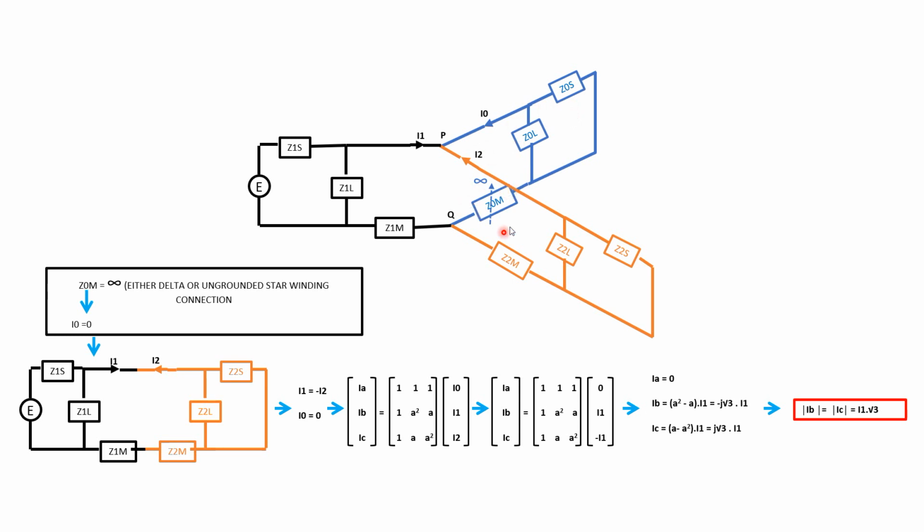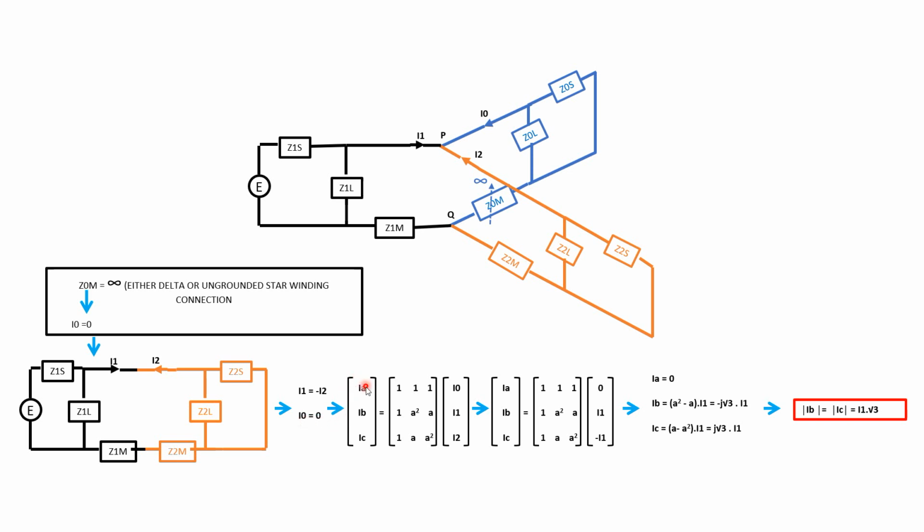We put an open impedance here, and the blue circuit goes away, and we only have the positive sequence plus the orange negative sequence, and we can draw it like this, with no blue one. From this, we have the boundary condition that the positive sequence current is equal to the negative sequence current in the opposite direction. So I1 equals minus I2, and the zero sequence current is 0.